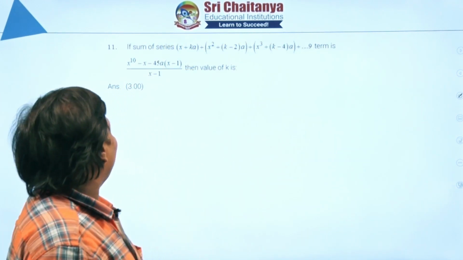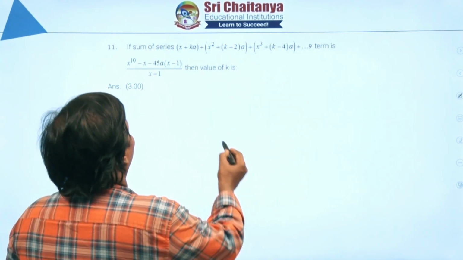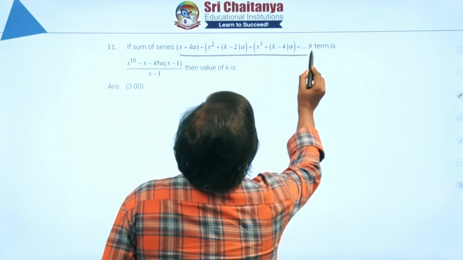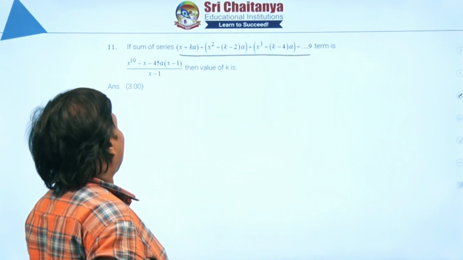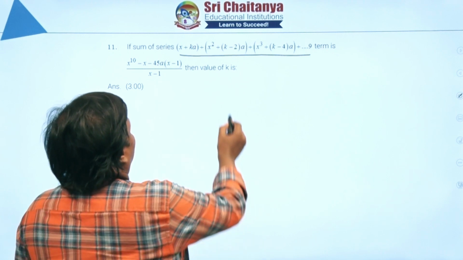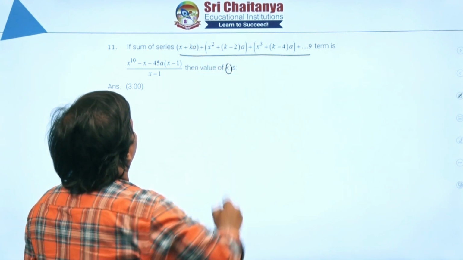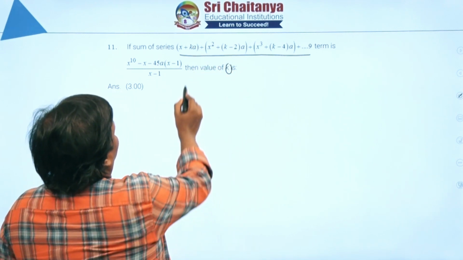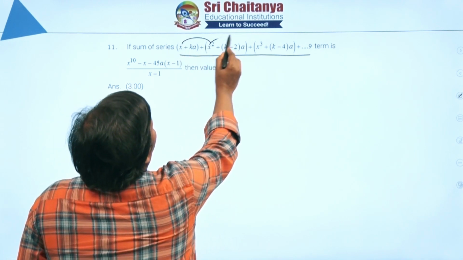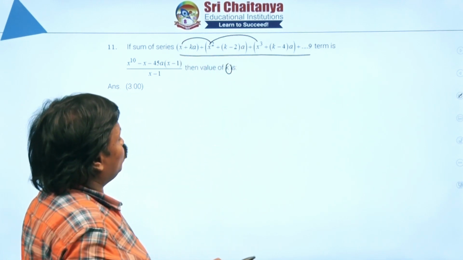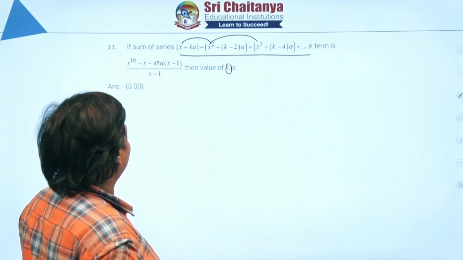Okay, this is question number 11, which came from sequence and series. So, he gave the sum of 9 terms and he is asking the unknown value in the given equation. See here, this is x plus x square plus x cube and so on, it is a geometric progression.